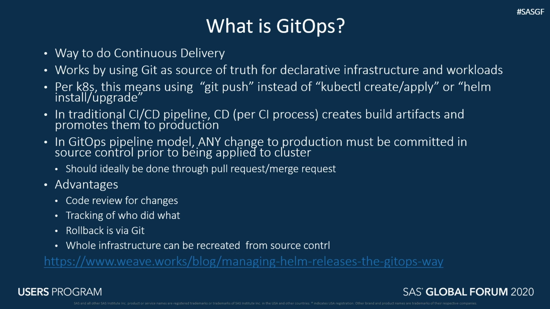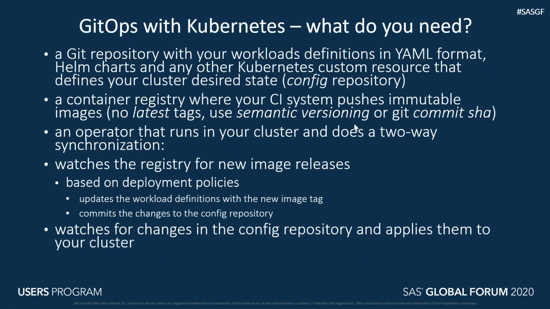The whole infrastructure can also be recreated from source control. That's another key point here: if I have all of my specifications for my cluster in Git, then if something bad happens to my cluster, I can just run this process again. All the specifications will be in there, and it will go out and recreate the cluster based on the specifications stored in Git.